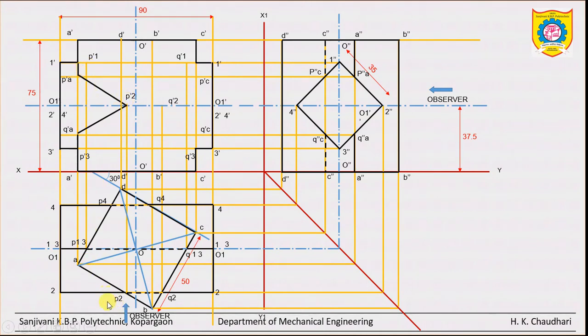We can observe it in the top view also. See, P2 to A. A means top side PA and bottom side QA. Okay, so this is just observed in the top view, this part we have shown.